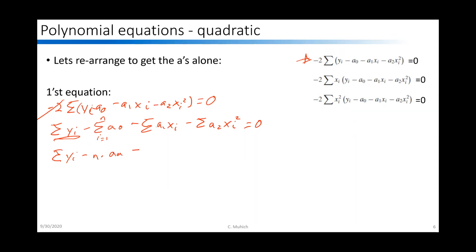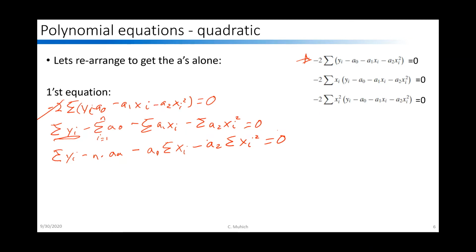Similarly, I have this constant A1, which I can pull out of the equation because that's going to be a constant. So I have A1, and then this summation of xi, and I have the same thing over here. I can pull that A2 out of the equation, and I have the sum of xi squared, and still equal to 0.